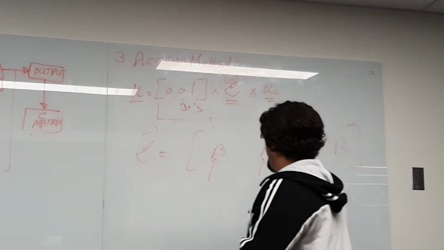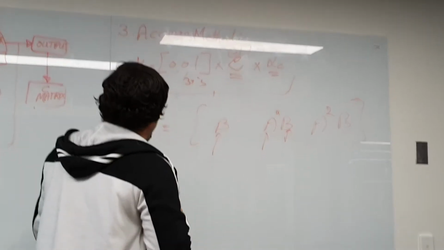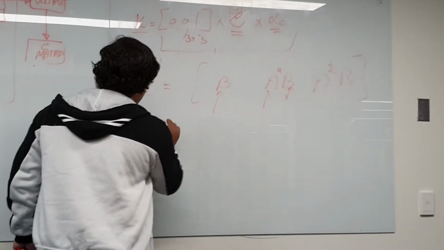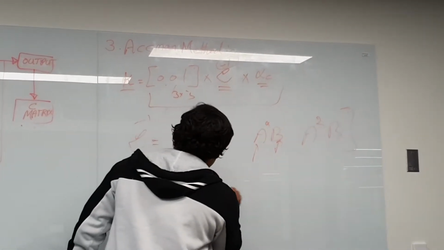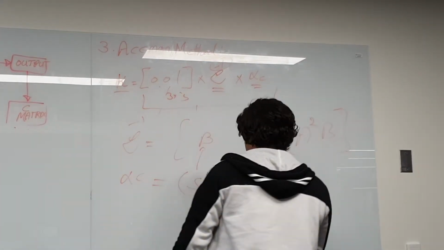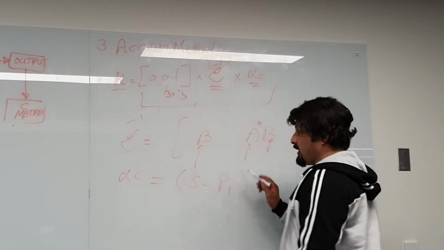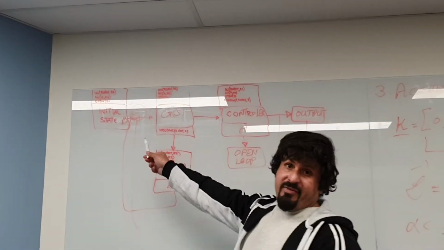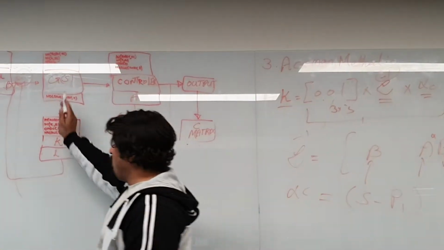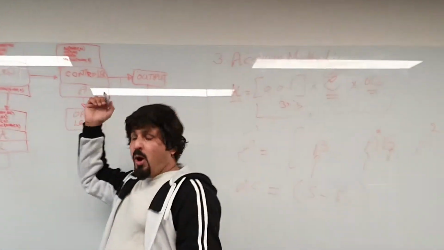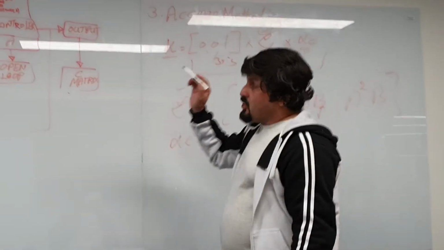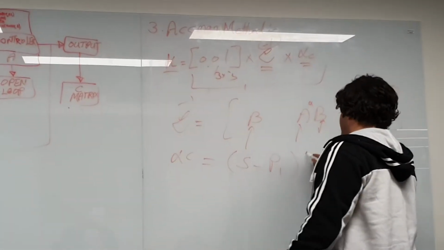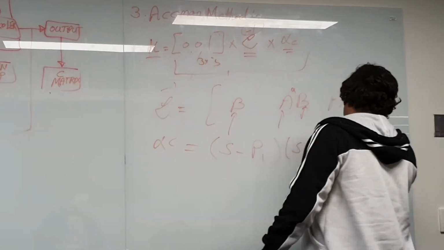The other thing is alpha C. To get alpha C we have to use the new location of the poles. We already got it, and it's given. We can find it from our transfer function, as I said before, and we can also get it from the new pole locations: S minus P1 and S minus P2.